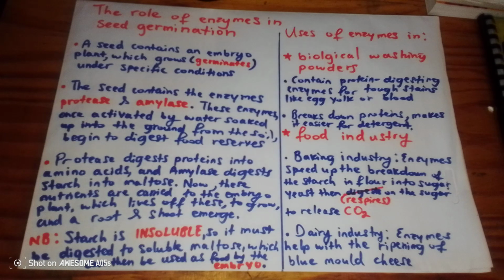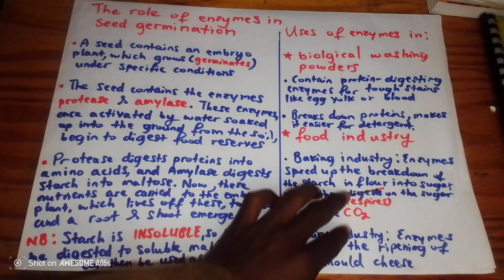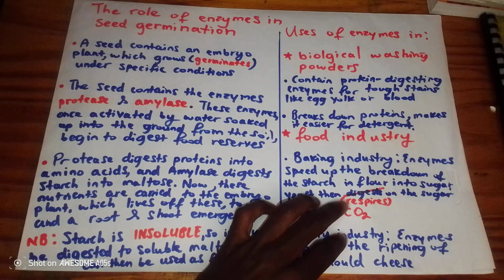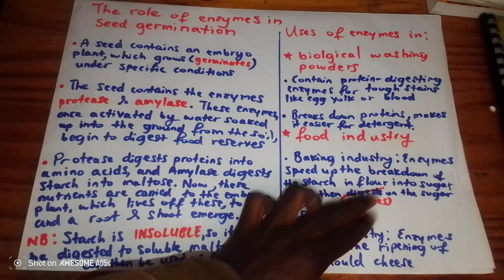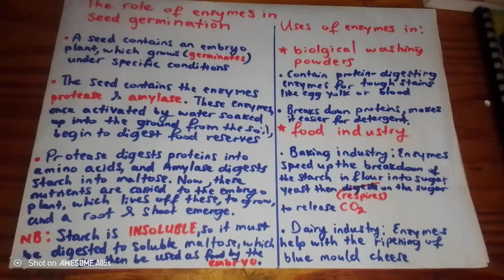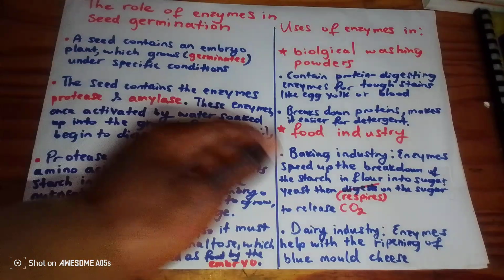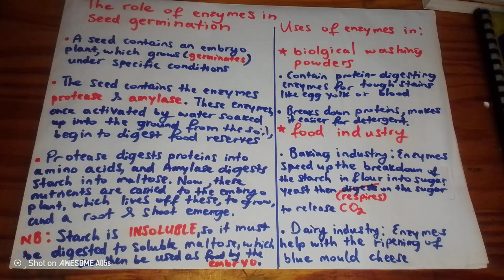Moving on to the food industry, baking industry here, enzymes speed up the breakdown of the starch in flour into sugar, and then the yeast respires on the sugar to release carbon dioxide. Yes, it is my error that I wrote digest. It actually respires. Yeast respires in what we call, I believe, anaerobic respiration.